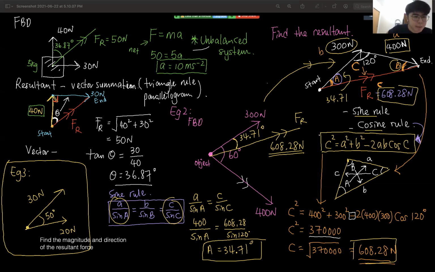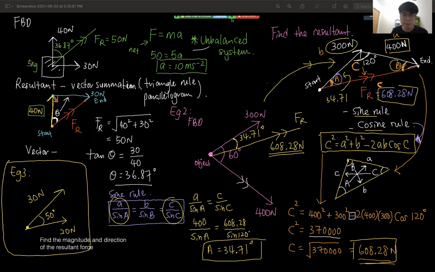Did you get the magnitude? How much is your magnitude? Oh, you don't have, okay. Don't know how to find the angle together. Okay, did you get the vector diagram?